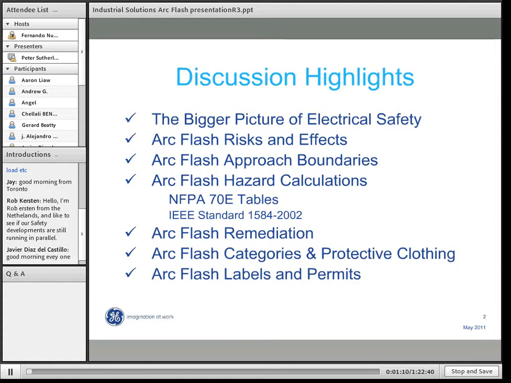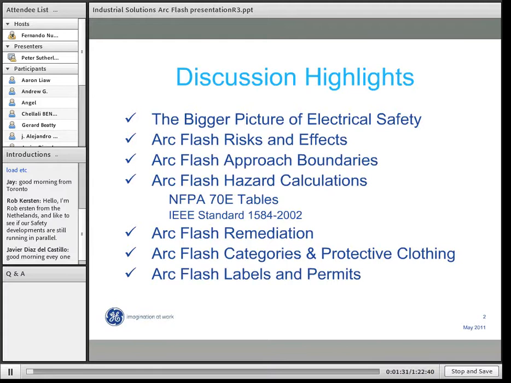Then we're going to talk about the risks of arc flashes and the effects that are caused by arc flash, both in terms of human injury and death and equipment damage.